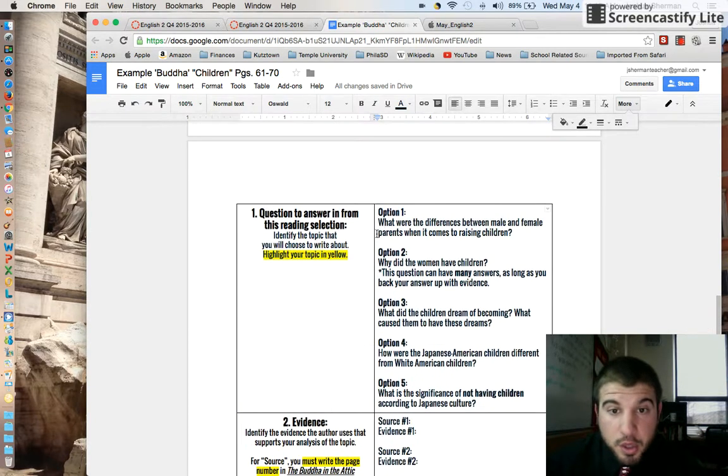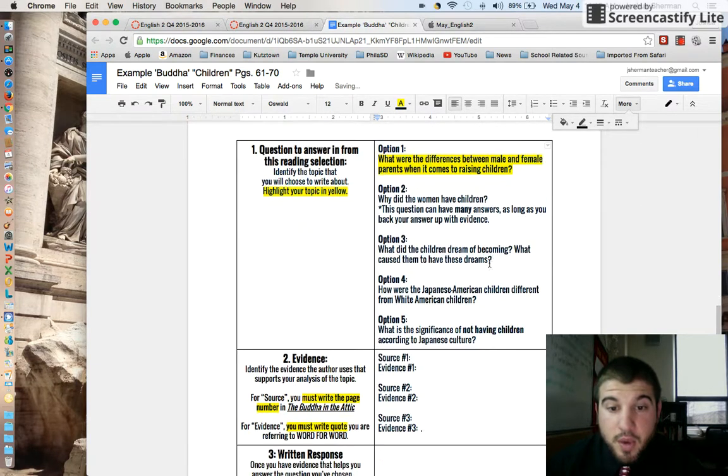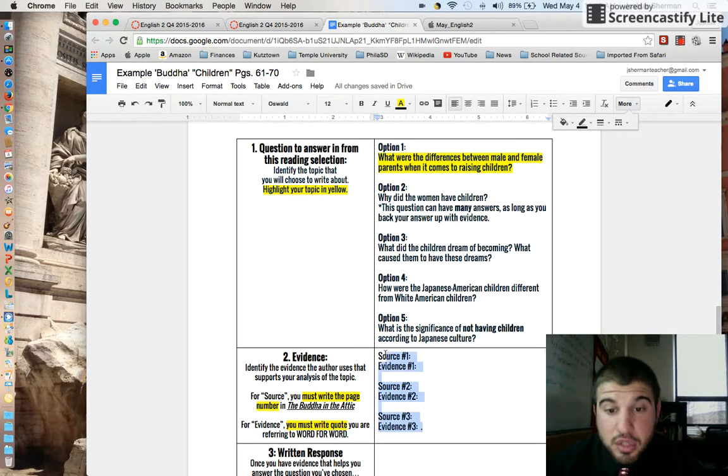Okay? So if you choose to answer this question using the paragraph format that I just showed, you would highlight it in yellow using this text feature. Highlight yellow. So that way I know that the evidence that you're using from the story to support this answer is related to this answer.